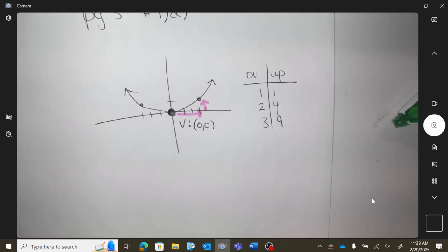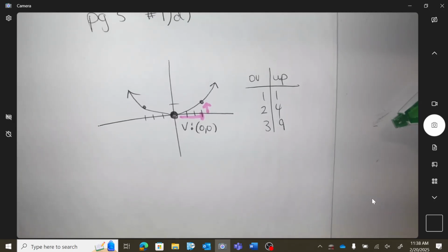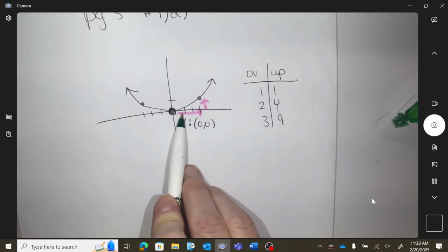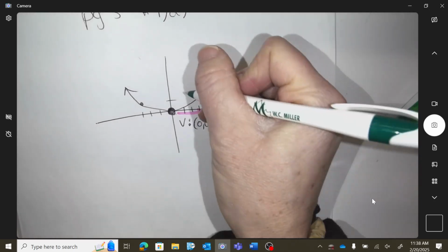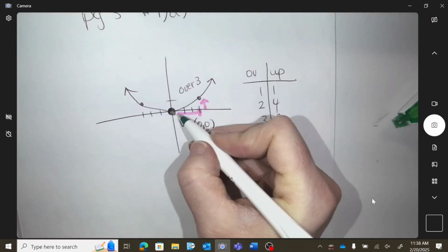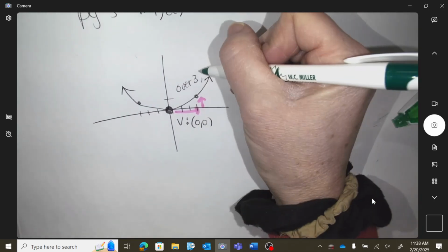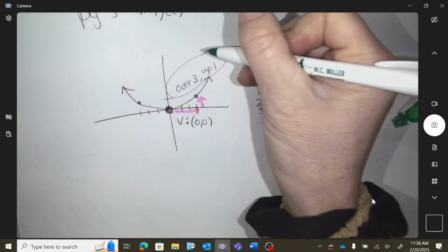I should be doing this, but what did we do instead? So this move has made me go, what? Over 3, comma, what did I do? Up 1.